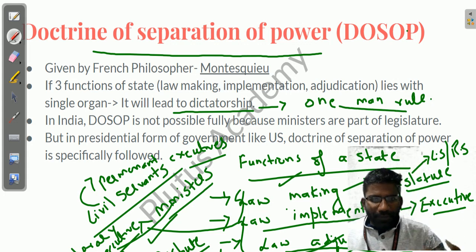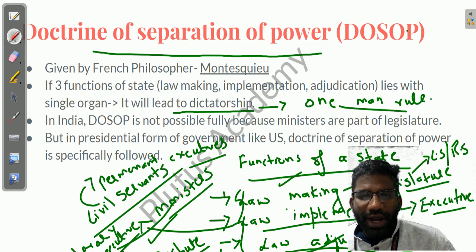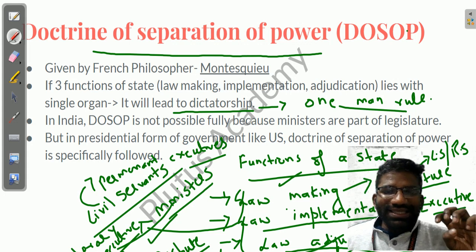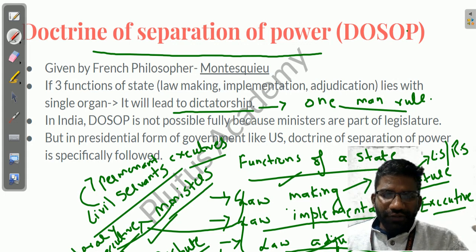If law making, law implementation and law adjudication are done by a single person, it will definitely lead to dictatorship or one man rule.